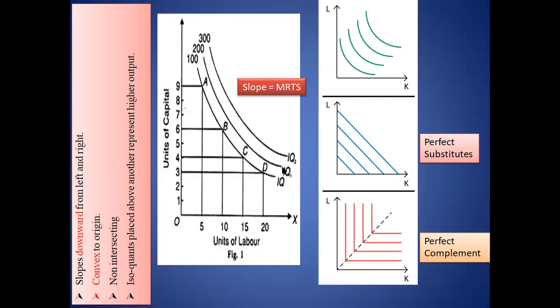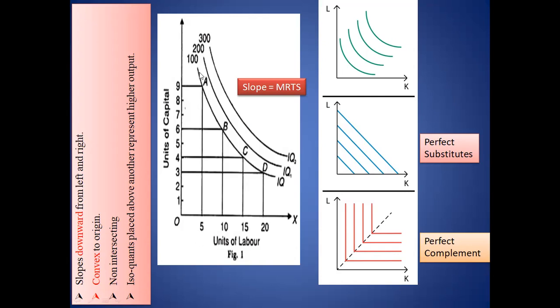Okay, well, it has some properties. See, first one, the isoquant slopes downward from left to right, downward sloping. Yes, okay. Next is the shape of the curve, that is convex to the origin. Remember, all these properties are very important.